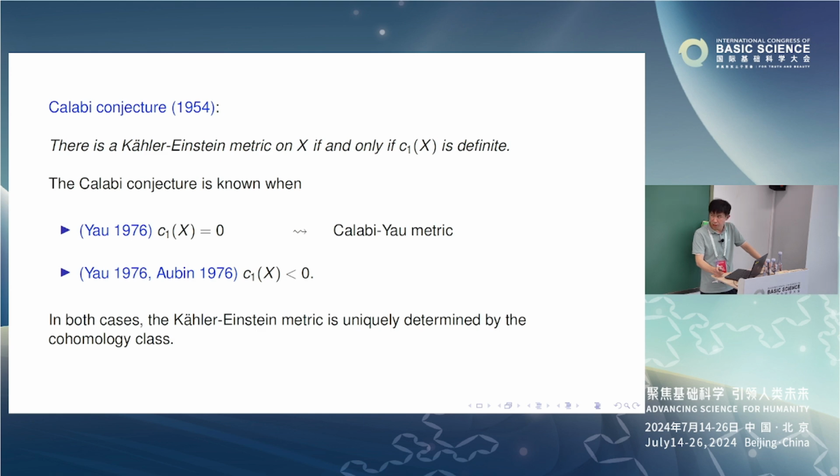When the first Chern class is 0, the corresponding metric has vanishing Ricci curvature. That's called a Calabi-Yau metric in general. In both cases, we know the Kahler-Einstein metrics exist, but also they're unique, up to the change of cohomology class. So they can be viewed as canonical metrics associated to the complex manifold X and possibly the cohomology class.